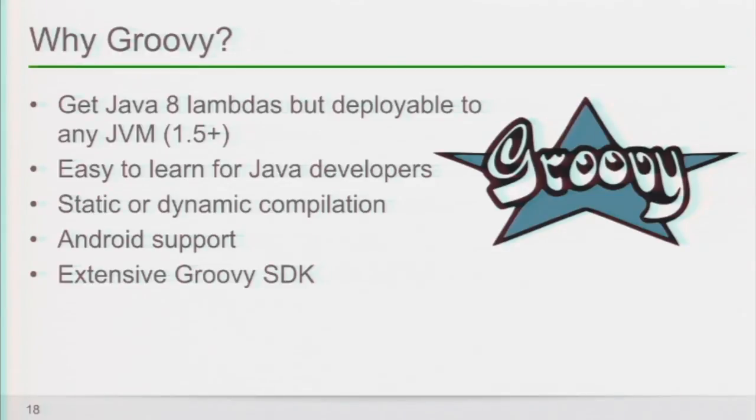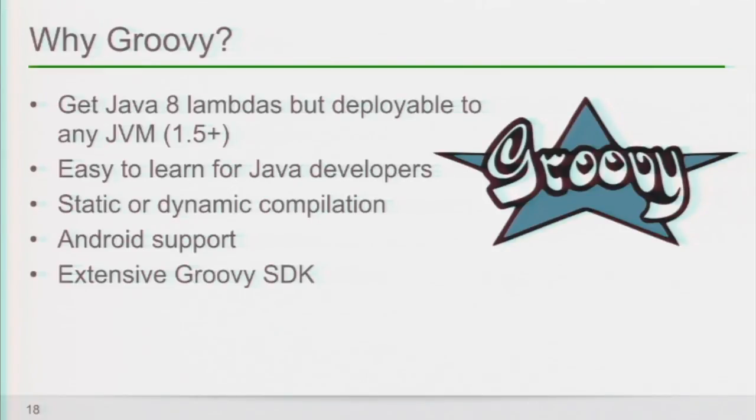You get the Groovy JDK, which is full of useful methods, all those methods that they added in Java 8 with slightly different names, but they're all there in Groovy. The Groovy JDK is mature. It's been around for years. It's battle proven, and it's deployable to any JVM right now without having to wait for your production systems to be Java 8 ready.